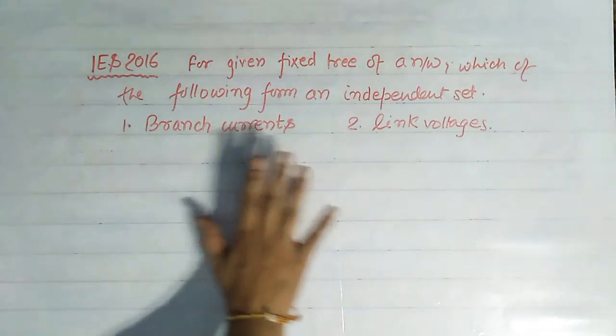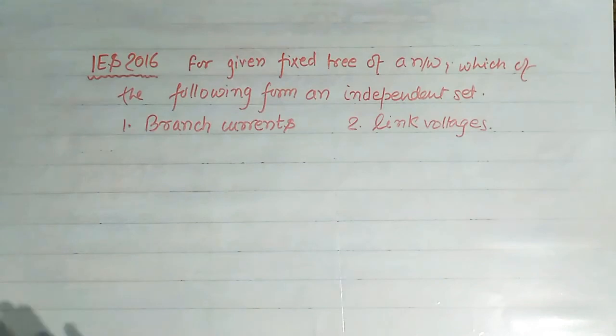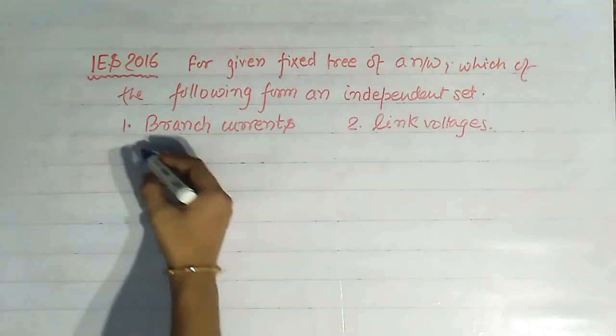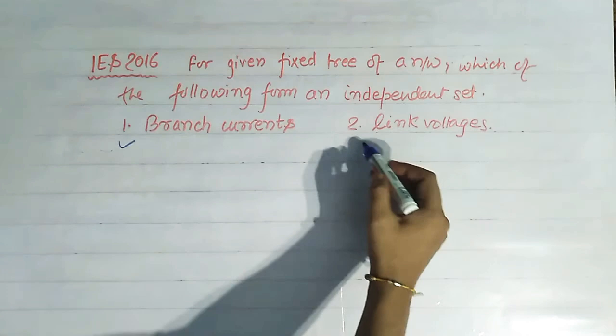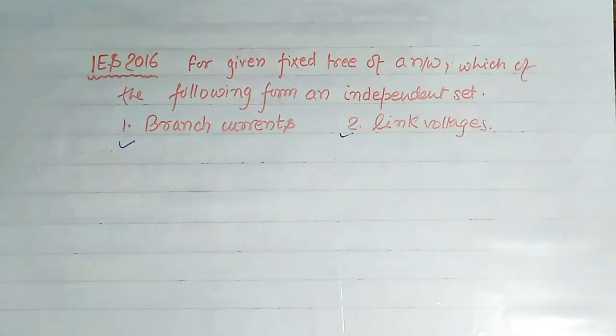So both of these form independent sets. So we can say that both branch current and link voltage form the independent set.